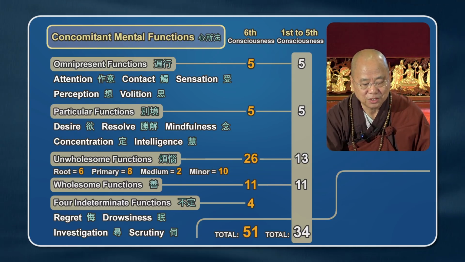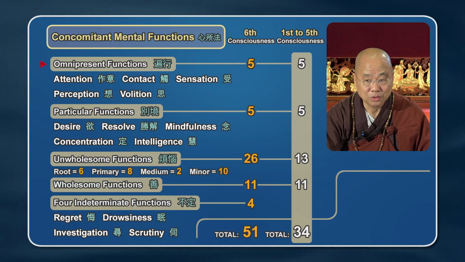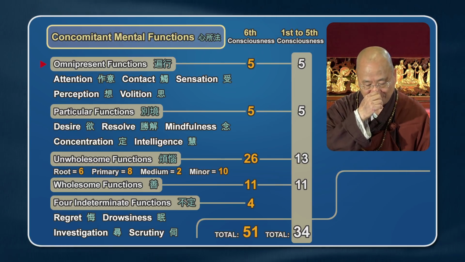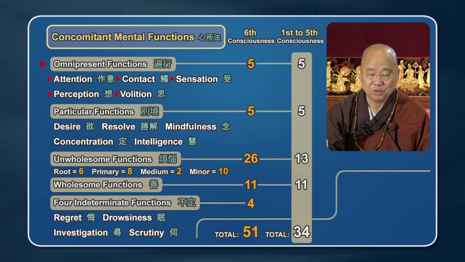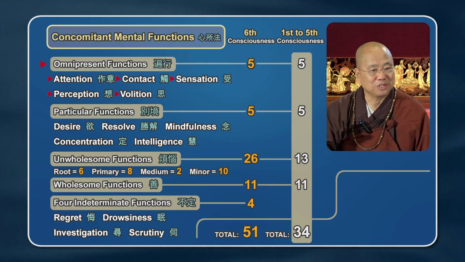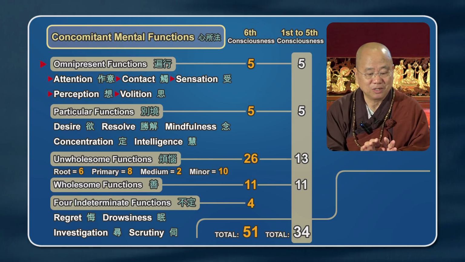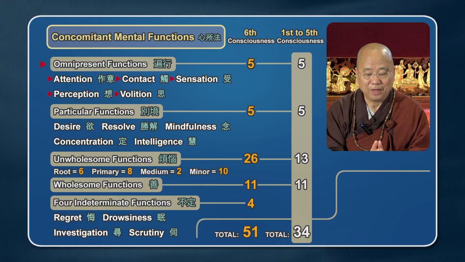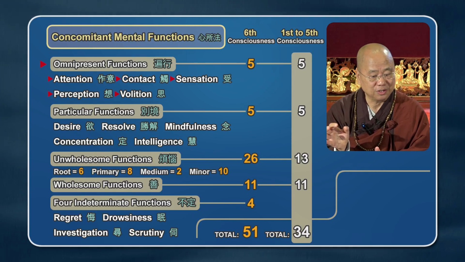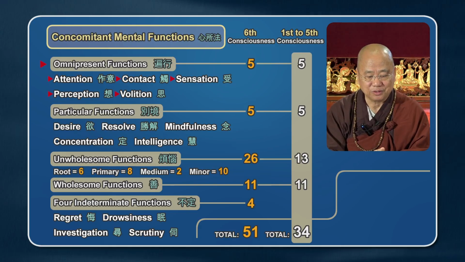Then let's explore this. Omnipresent mental functions, or universal, or always active. The first 5: attention, contact, sensation, perception, and volition. We have already explained all those in detail, what each one means. We're not going to go into detail as to what each one means, but right now we know that the first 5 consciousnesses have these omnipresent or always active mental functions.